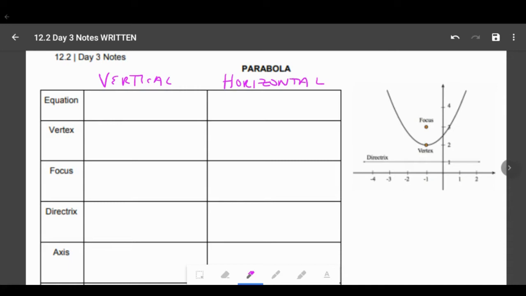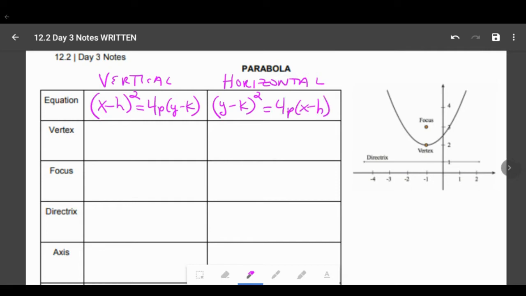If it's a vertical parabola, this is the standard form, or the conic form, that you're going to have to memorize: quantity x minus h squared equals 4p quantity y minus k. If it's horizontal, meaning it opens left or right, the difference is that y minus k is the group that's squared, and that's going to be equal to 4p times x minus h.